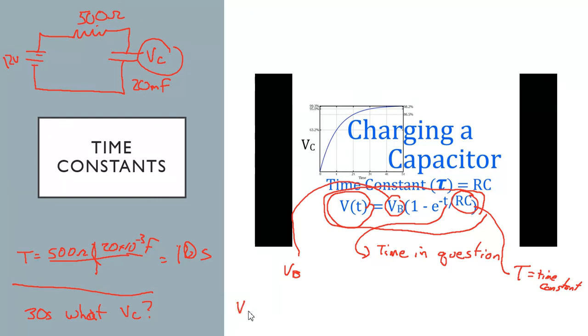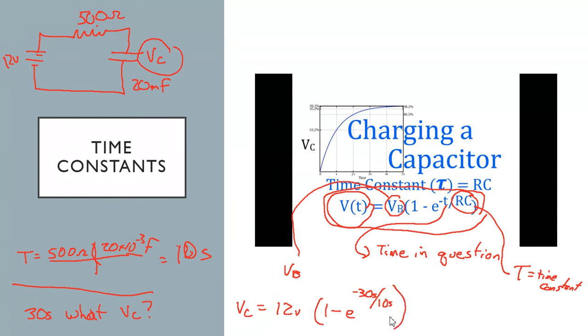Well, the voltage of the capacitor would equal the total voltage it could be, which is 12 volts, times 1 minus e raised to, well, it's going to be negative 30 seconds, because 30 seconds is the time I care about, divided by 10 seconds, because 10 seconds is my time constant.